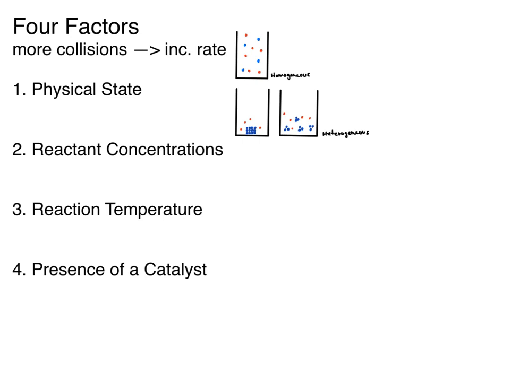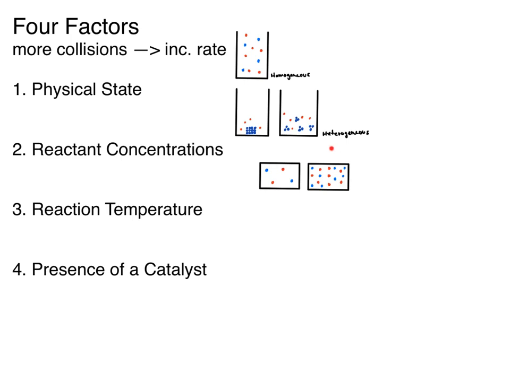The next factor that we're going to talk about is reactant concentration. Remember, more collisions are usually going to correspond to an increased rate. If we have one container that has a small concentration of the reactants versus one that has a much higher concentration of reactants, you're going to get more collisions in the container containing more reactants.